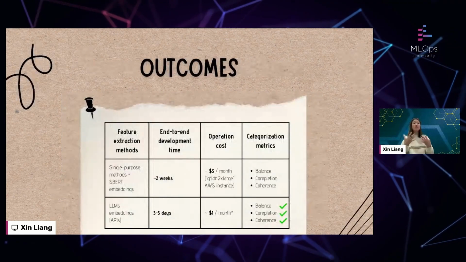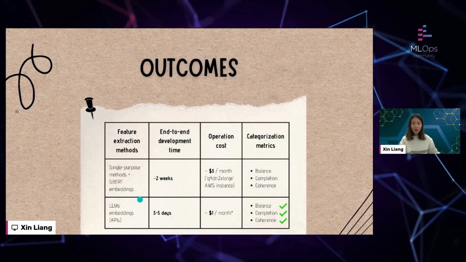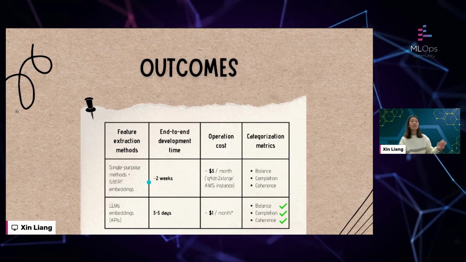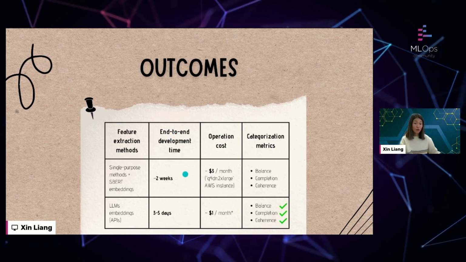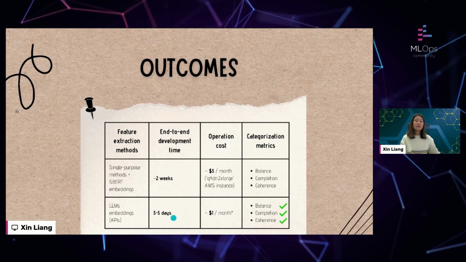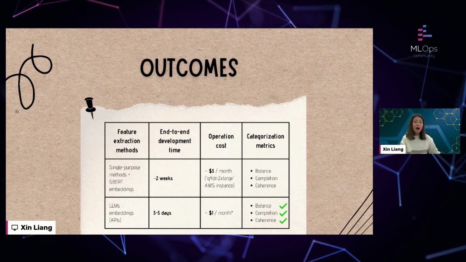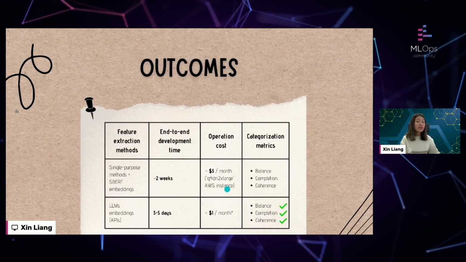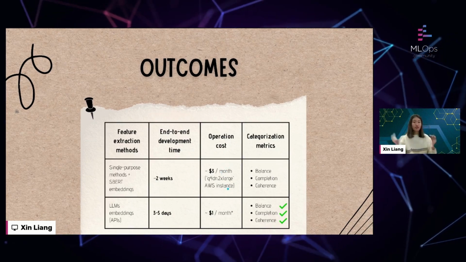And this is also the overview of the operational effort for both approaches. For the single purpose methods plus open embeddings, the end-to-end development time is about 2 weeks. That's only for the feature extraction step, while that of LLM embeddings is about 3 to 5 days. The operation cost for the pre-LLM method is about $3 per month, which is part of the training step.